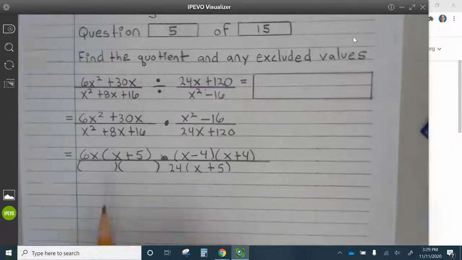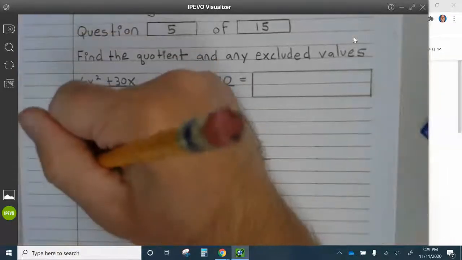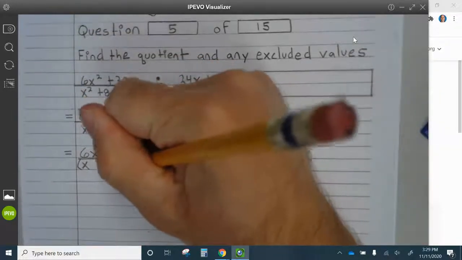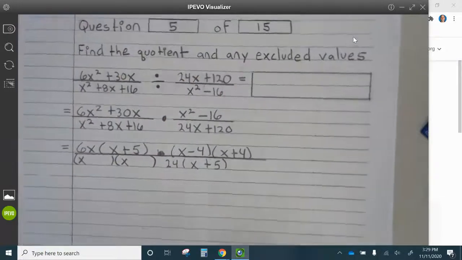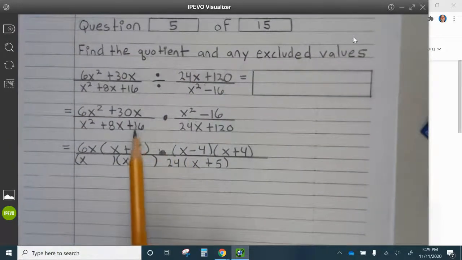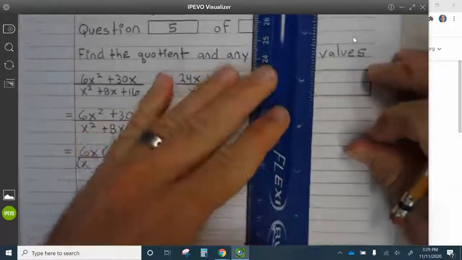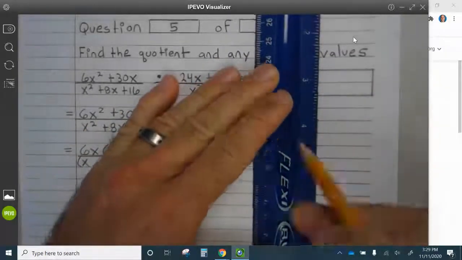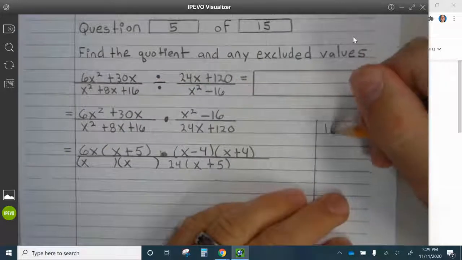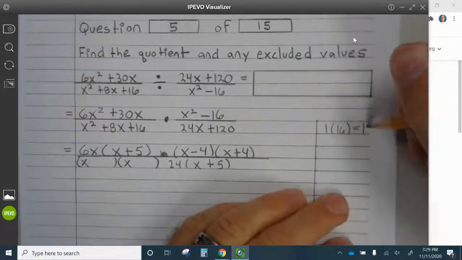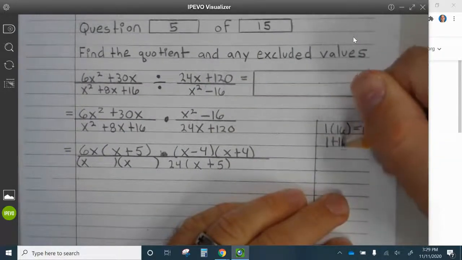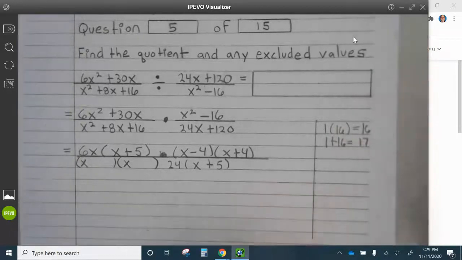So now we need to factor this. We know x and x makes x squared. This is an easy one because we have to figure out what multiplies to give you 16 and combines to be 8. So start with 1. 1 times 16 is 16. 1 plus 16 is 17. That doesn't work.